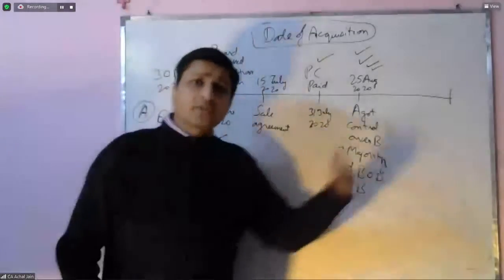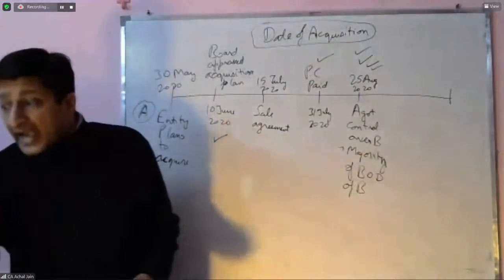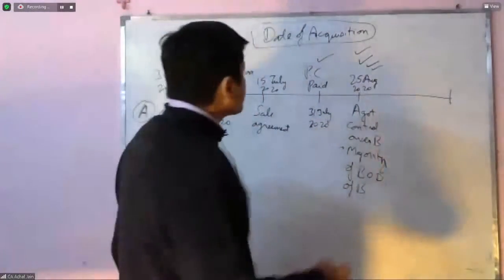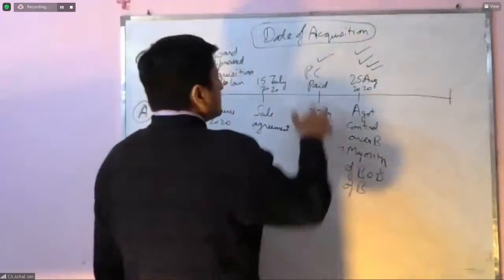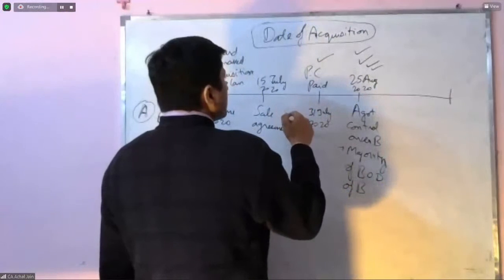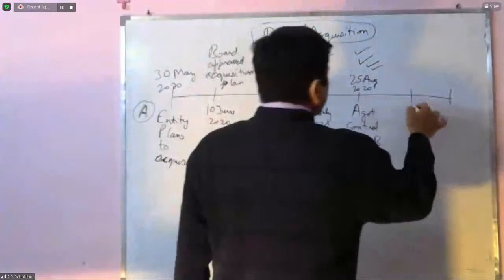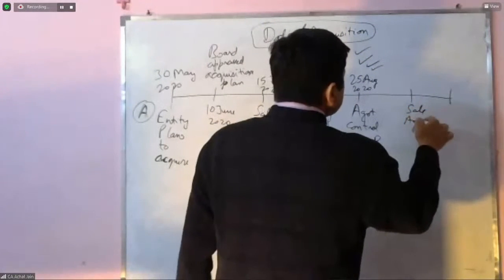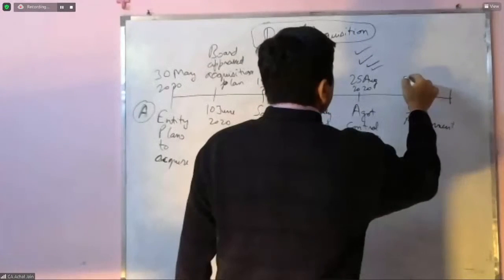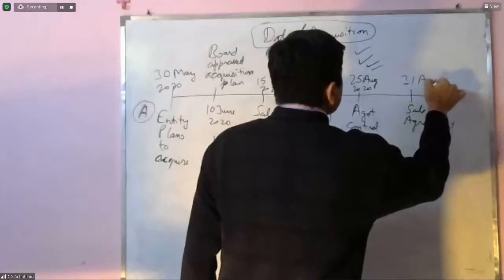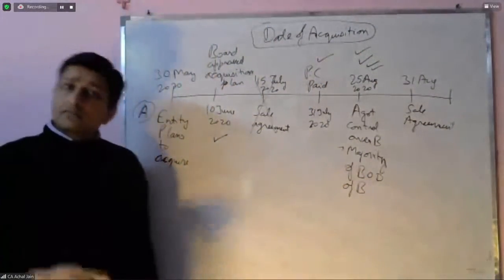Or should we wait for the control to be obtained in respect of that other entity? And in certain situations, it may also be possible that the sale agreement is signed after this. Let's suppose the sale agreement is signed on 31st of August. Possible or not? Yes.